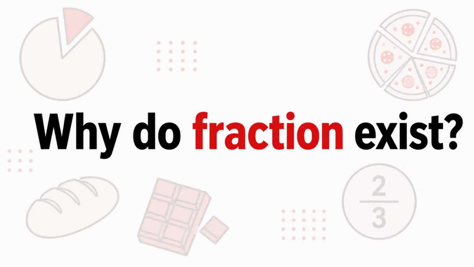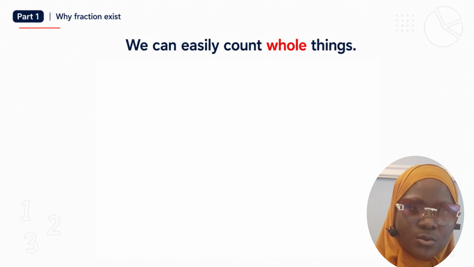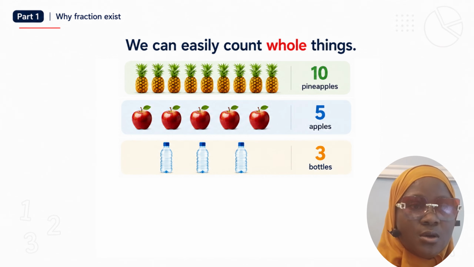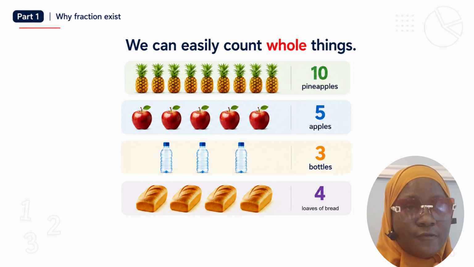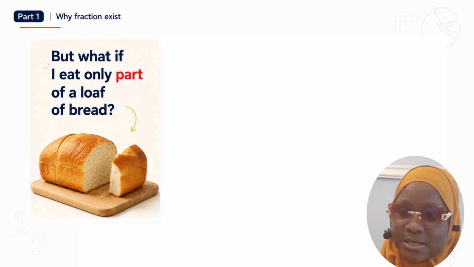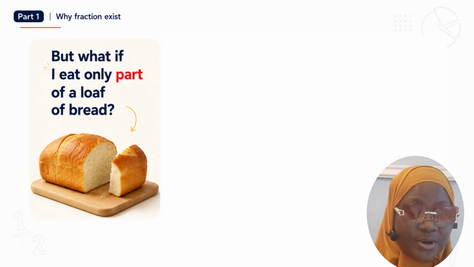Now, many students answer fraction questions. But if I ask, what is the actual meaning of 3 over 4? They struggle. So why do fractions exist? You can easily quantify whole things in the world like 10 pineapples, 5 apples, 3 bottles of water, and 4 loaves of bread. But what if I eat a part of a loaf of bread?